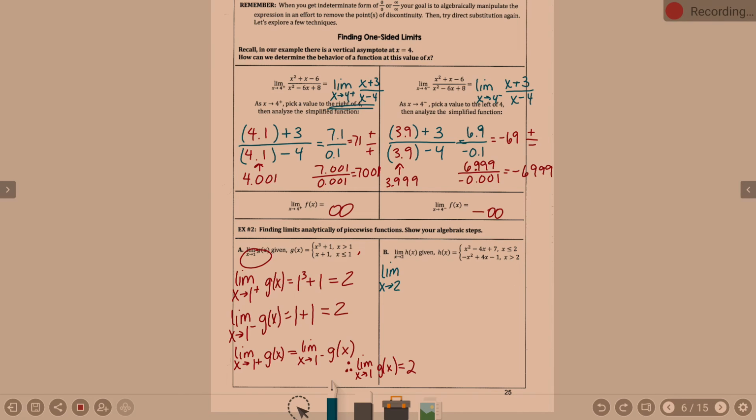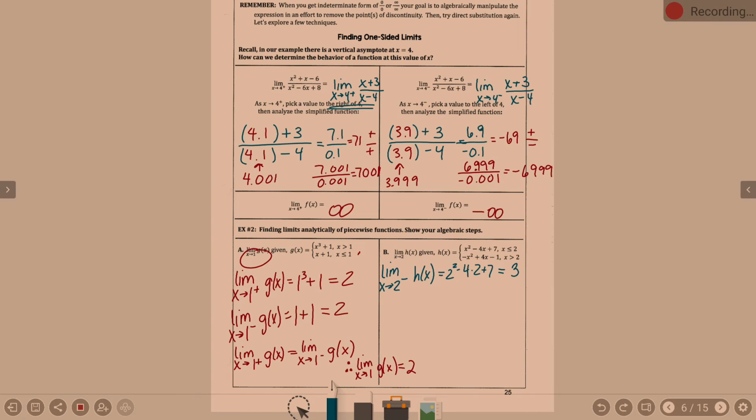If I say the limit from the left of h of x, what are we doing here? The top equation where x is less than or equal to 2, so 2 squared minus 4 times 2 plus 7. That's 3.